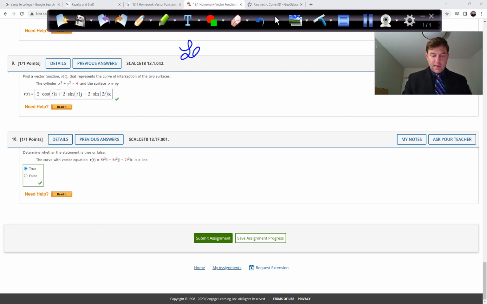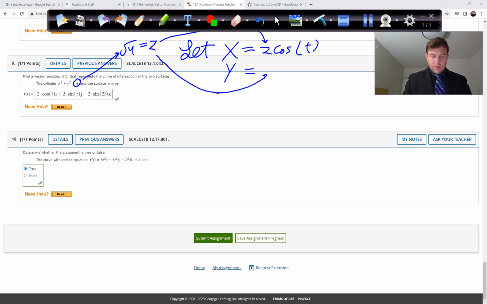We're going to let x equal, if this is 4, the number you pick is the square root of 4, which is 2, and that number is going to go in front of cosine t. And then y is also going to get a 2 in front of it, and we're going to pick sine t.